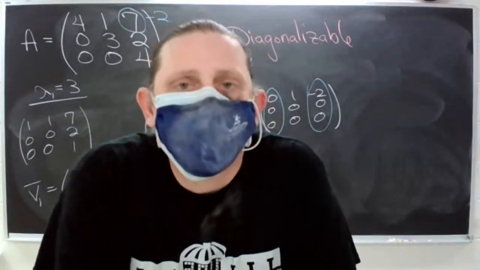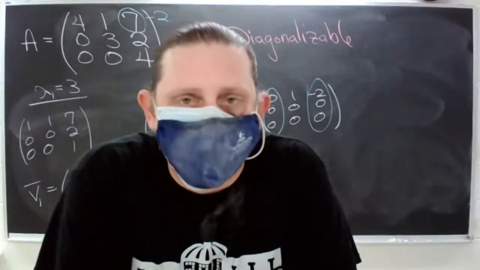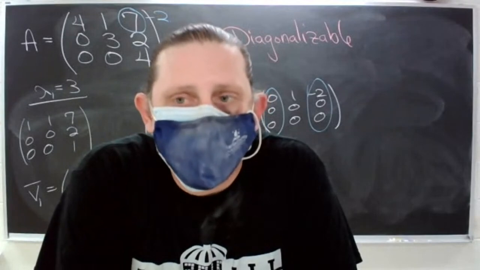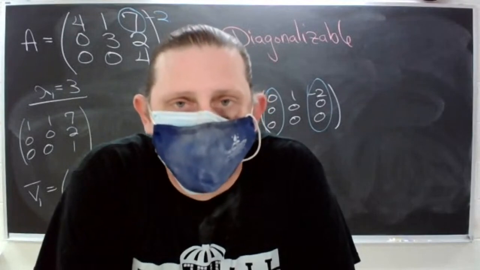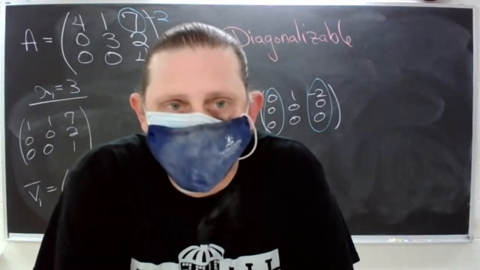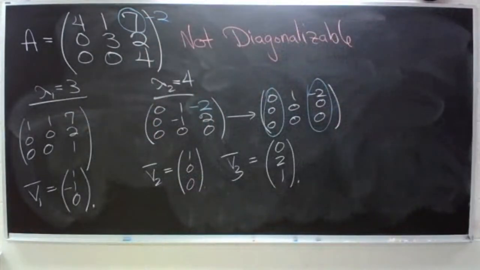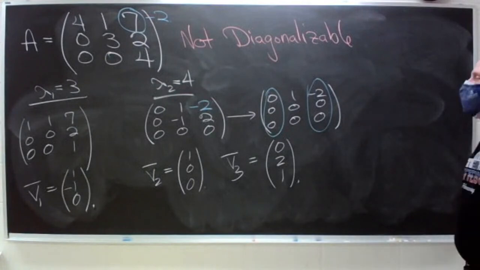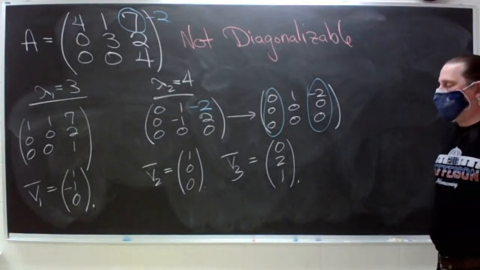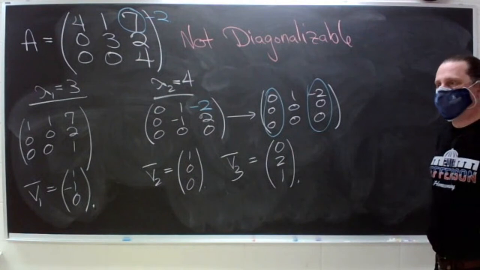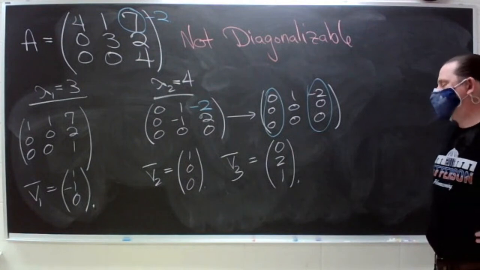Stated another way, A minus 4 times the identity has a two-dimensional null space. The dimension of the null space of A minus lambda times the identity is equal to the dimension of the eigenspace of A associated with eigenvalue lambda.